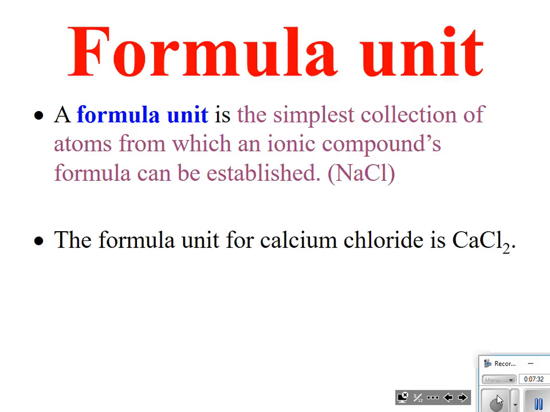You're going to need to know that terminology later on when we're discussing different molar conversions. So if something is ionically bonded, we call it a formula unit. It says right here, the formula unit for calcium chloride is CaCl2.